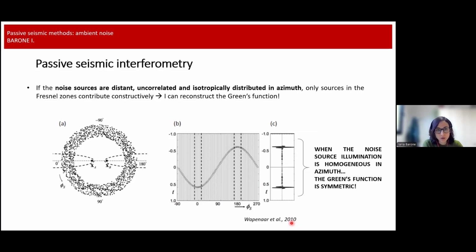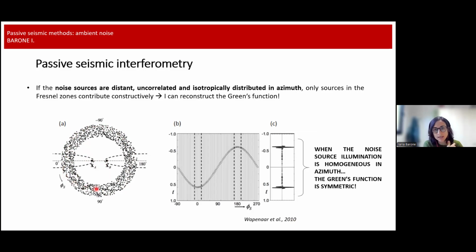So here you have another example with two stations, and then you have all these dots that are noise sources that are evenly distributed in azimuth. First of all, they are distant, okay?